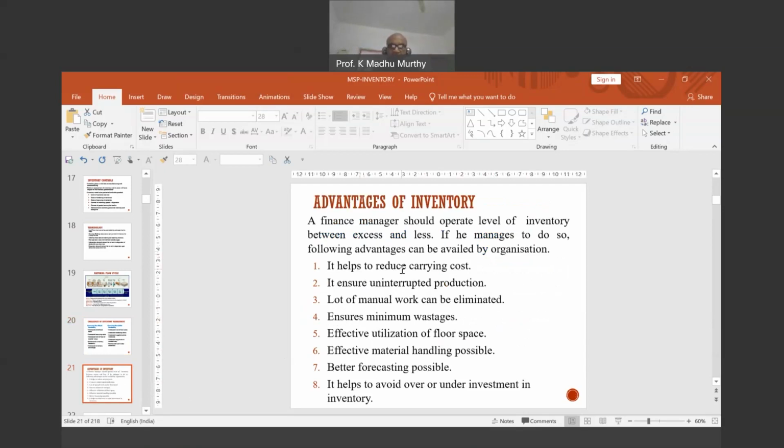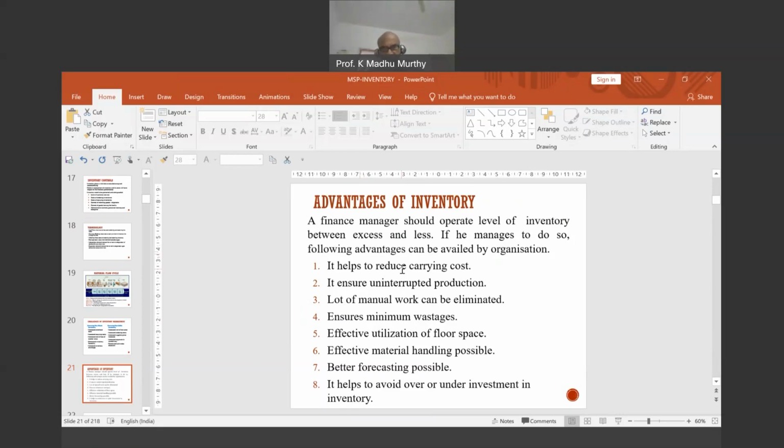Well, a manager should operate at levels of inventory which are optimal, not excess, not less. Okay. So how he does it depends upon certain points, and it helps the organization to reduce its costs, to ensure uninterrupted process, eliminate unnecessary work and minimize wastages.